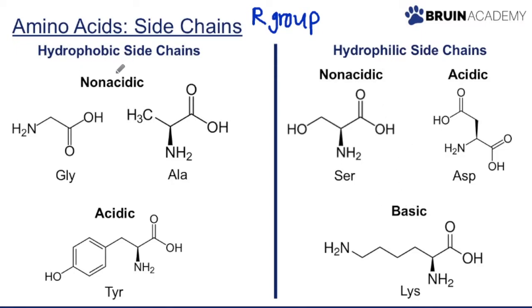So we're going to take glycine, for example, and we're going to try to understand why it is considered a hydrophobic non-acidic molecule with its side chain. So here's our alpha carbon. We have that hydrogen coming off of it. And the interesting thing about glycine is that its R group or side chain is also a hydrogen here. So obviously hydrogen is considered hydrophobic, and it's non-acidic because it's not able to protonate another molecule.